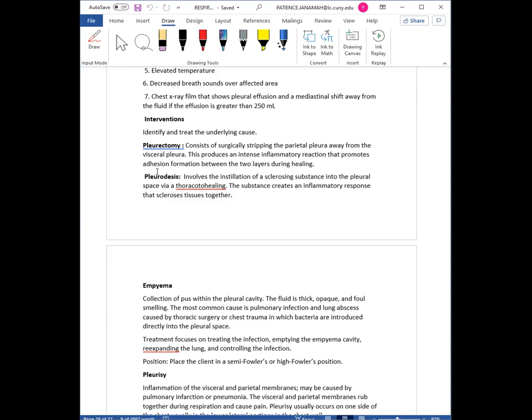It's a substance, just like they will instill a dye into the abdomen to be able to view structures. So they instill this substance into the thoracic area and it is able to open up. So this substance will create an inflammatory response. So if there's already an inflammation, then you instill a substance that will serve as a catalyst. It will cause an inflammatory response.